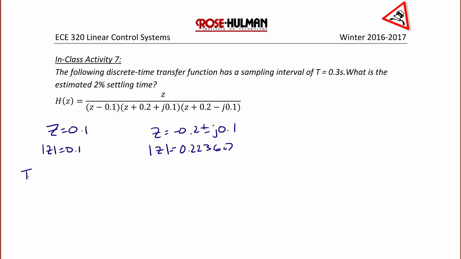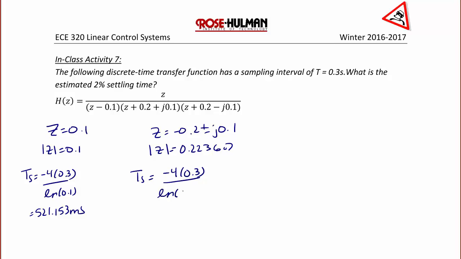So over here the settling time is negative 4 times 0.3 over the natural log of 0.1, which is 521.153 milliseconds. Over here the settling time is negative 4 times 0.3 over the natural log of 0.223607, which yields a settling time of 801.14 milliseconds.